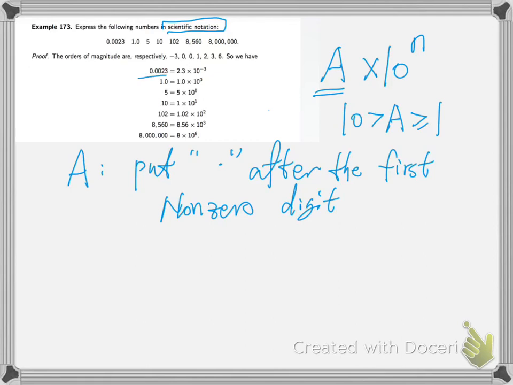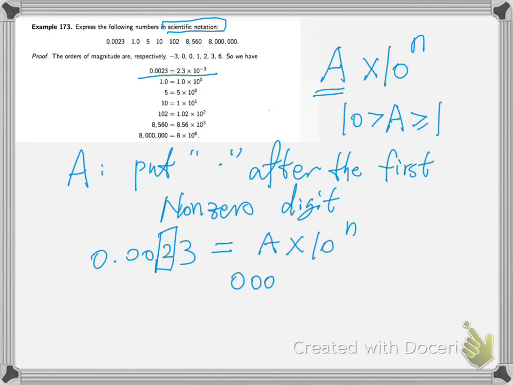So let's look at the first example here, 0.0023. We want a times 10 to the nth power. So how to get this a? This is the first non-zero number. We put decimal point after this number 2 to get a. So we copy the given number without decimal point. And then we look at the first non-zero digit. We put decimal point here between 2 and 3 after the first non-zero digit. So our a is 2.3.